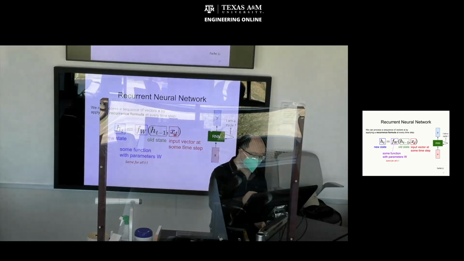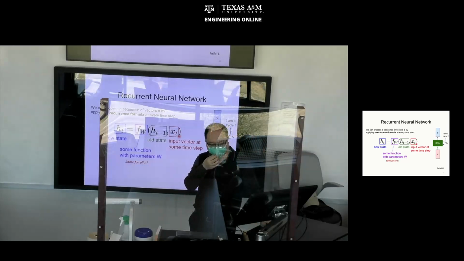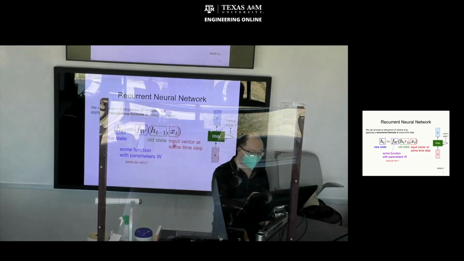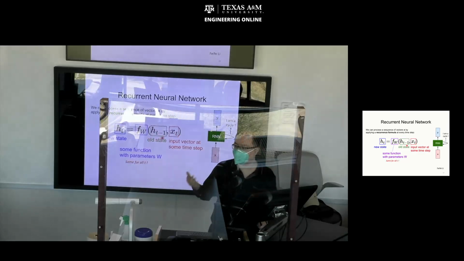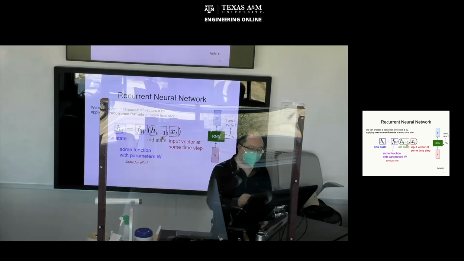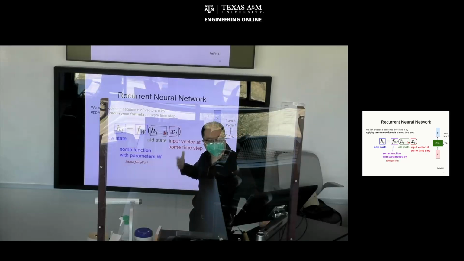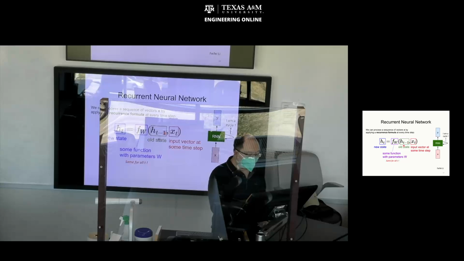Let's call the input x of t. And let's imagine that at t equal to 1, I have h of 0 that is initialized somehow. Let's call it an old state, because t is present and t minus 1 is the immediate past.